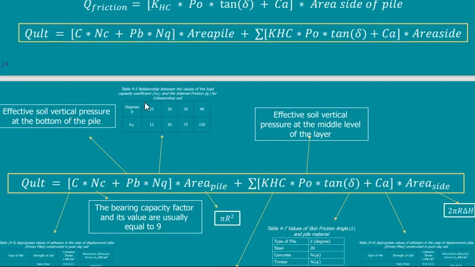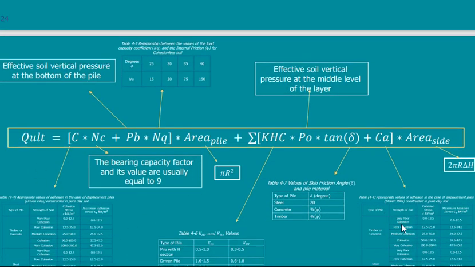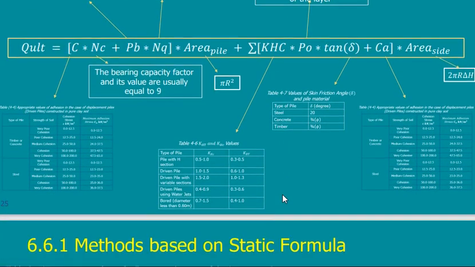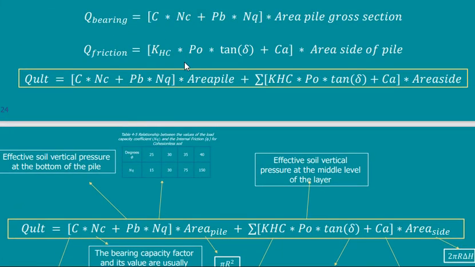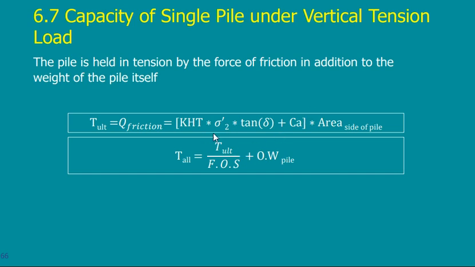And if you go to the charts, you will find something called KHC and something called KHT, which is T for tension. So we are just stressing on the fact: if you are using the first method, don't take the number for friction as it is. You have to change KHC to be KHT. But if you are using any other method, use the same value.